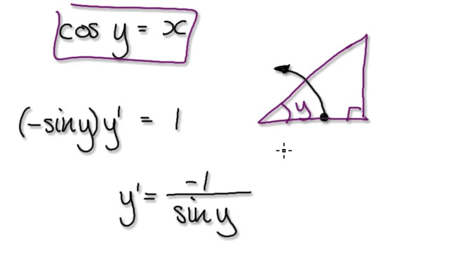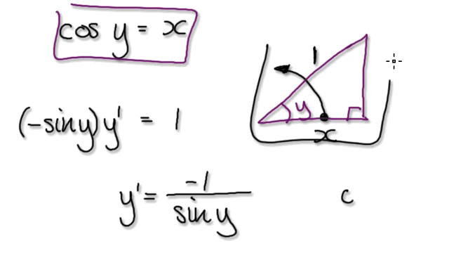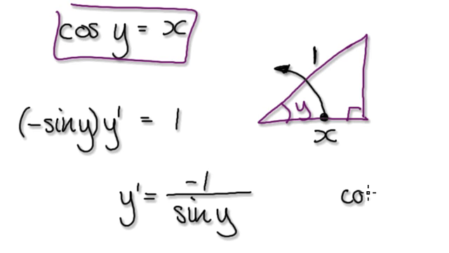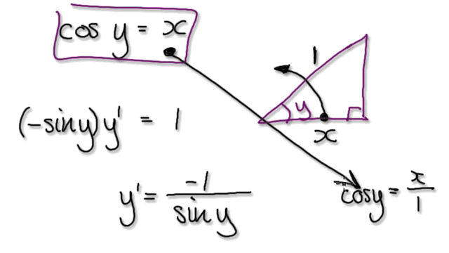So how would I create an x? Well, let's just call this x, and then call the hypotenuse here 1. So if you think about it from trigonometry, looking at this diagram, you can see that cos of y equals x, which is the adjacent, over the hypotenuse, which is the same as this. So you see this is exactly the same as this.